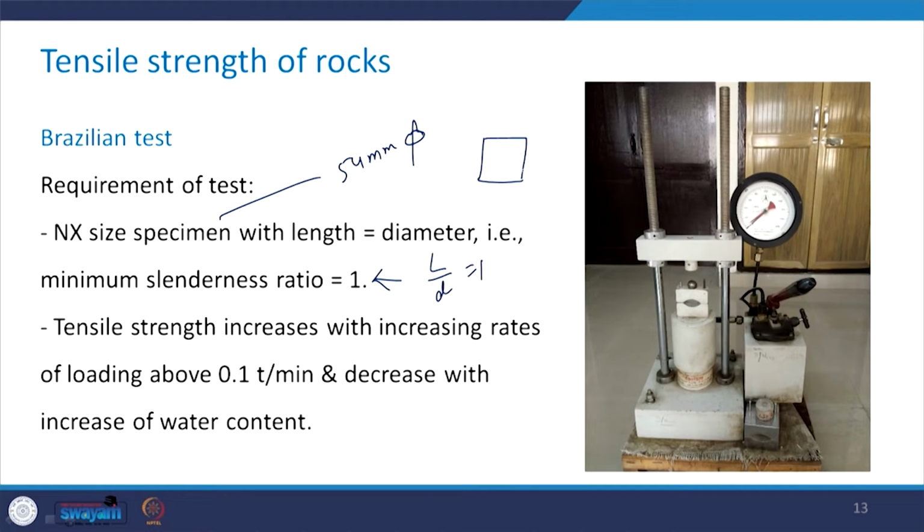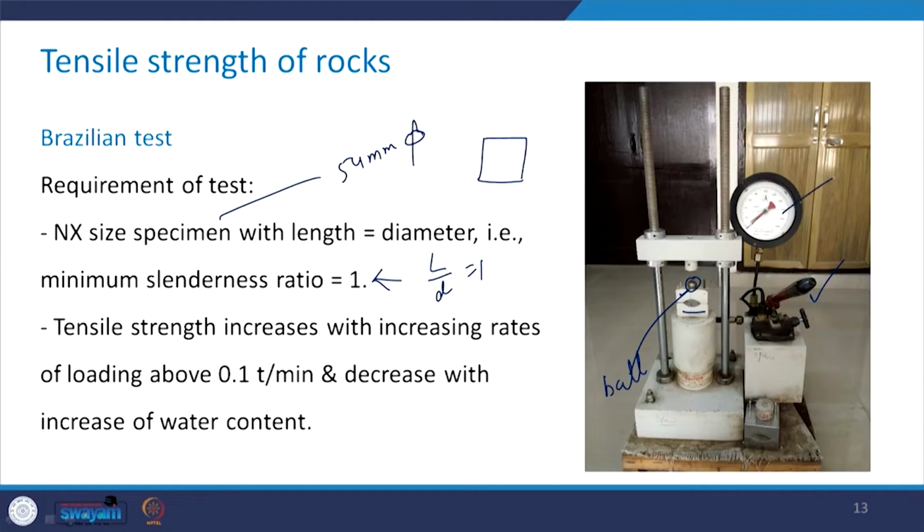Here, this is the Brazilian test setup. That is the machine which is there in our lab. You can see that here you have an assembly where we will fix the specimen, and then on top of that there is a spherical ball, and here is a lever through which the compressive load is applied to the specimen which is mounted here.